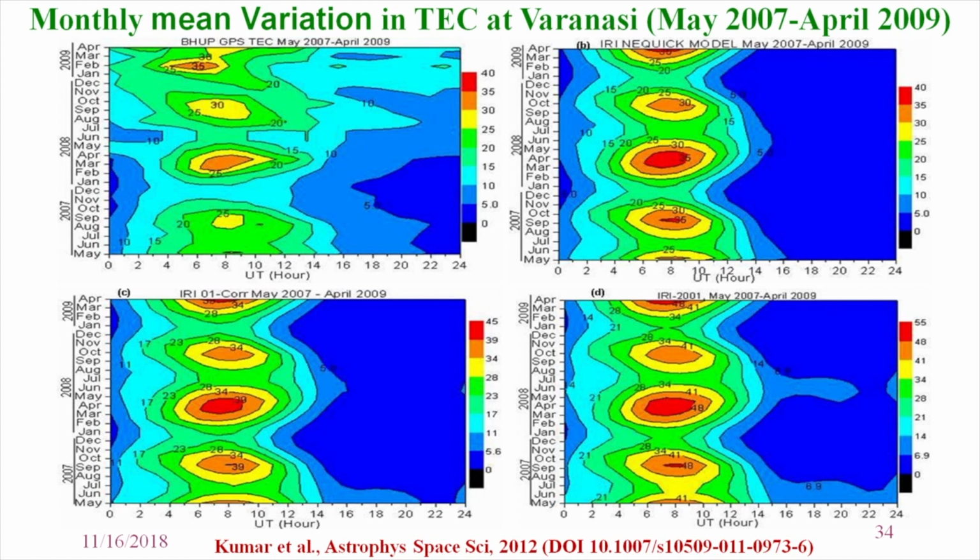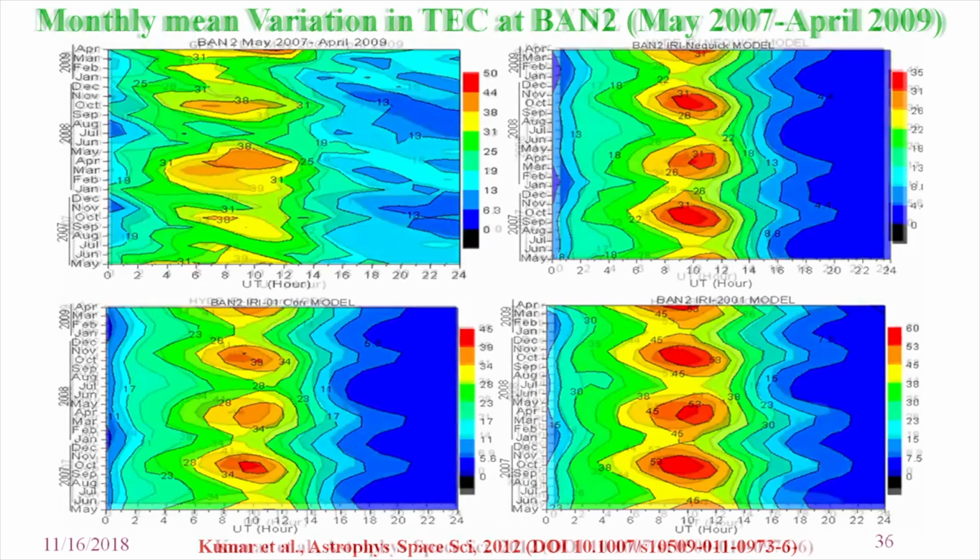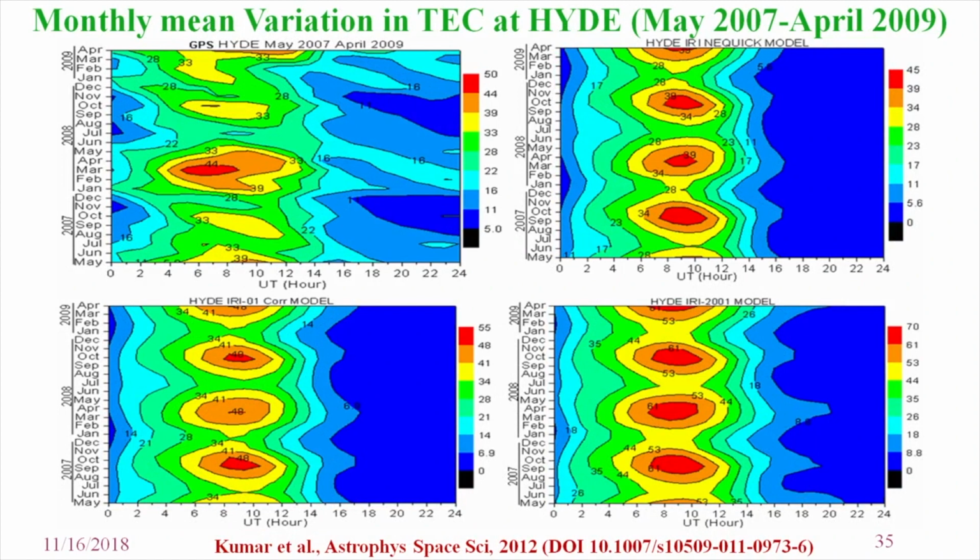Sometimes the model is not able to give perfect data. Here you also see the different model data, so we compared the different models available. One model is the IRI model, the International Reference Ionosphere, and we compared the Varanasi data, the Bangalore data and the Hyderabad data. These three we have compared, and we are able to find the seasonal variation.